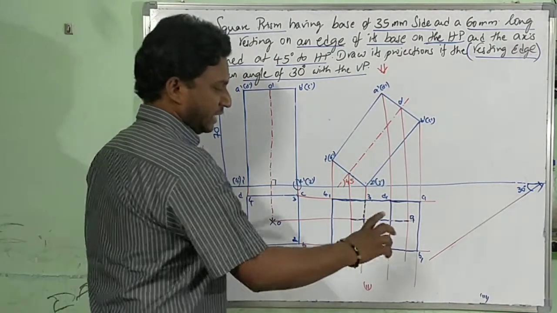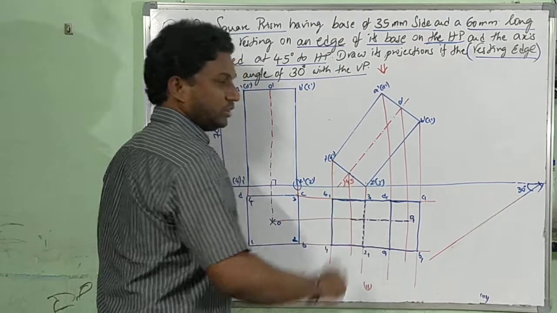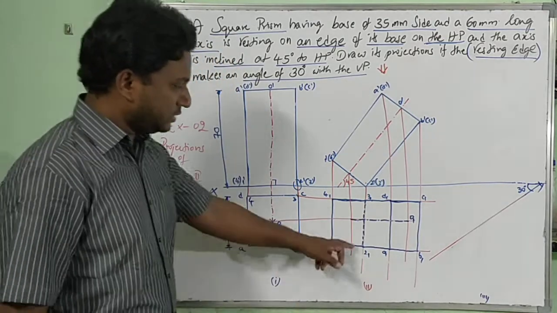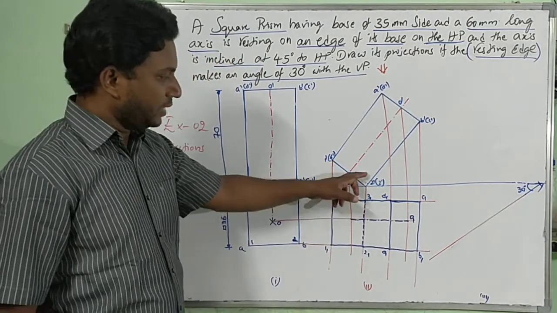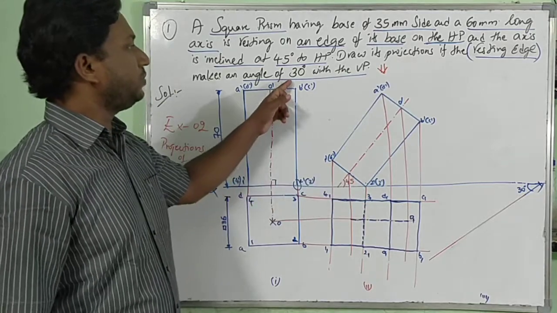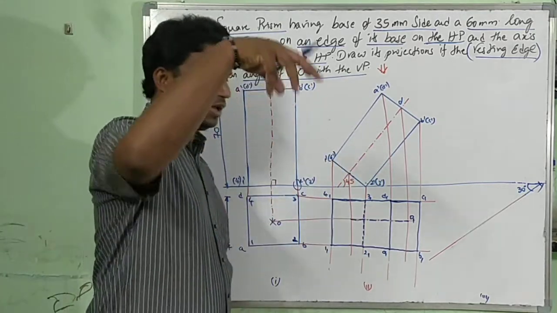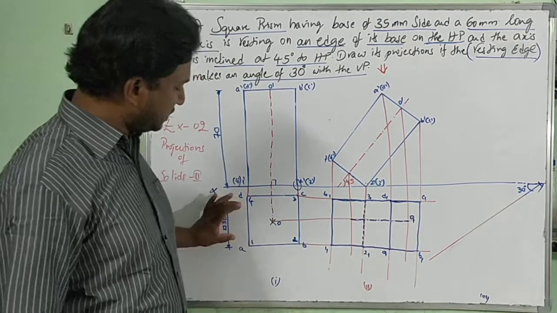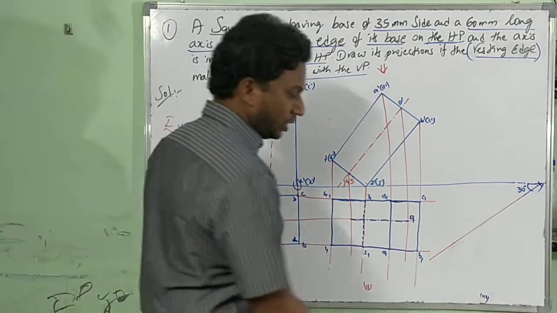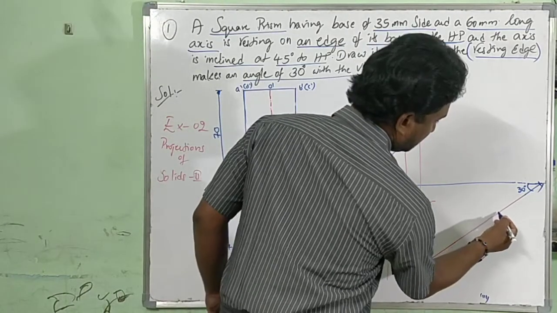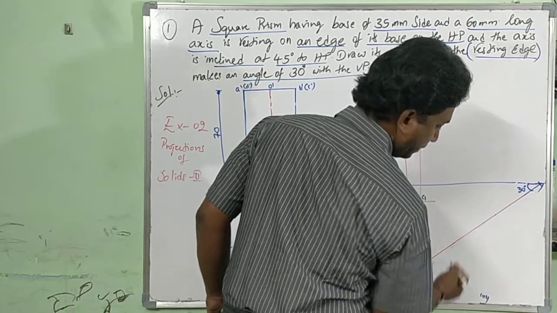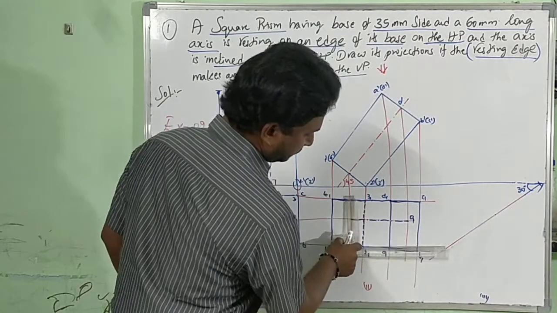On that 30 degrees line, I have to draw this 2 1, 3 1. Why? Because this 2 1, 3 1 is the resting edge on XY, which should maintain an angle of 30 degrees with the VP in the top view. Now, what is this distance? You know, it's 35. So take any starting point on that.